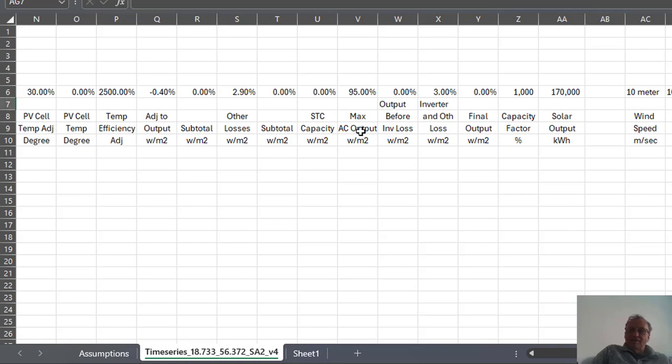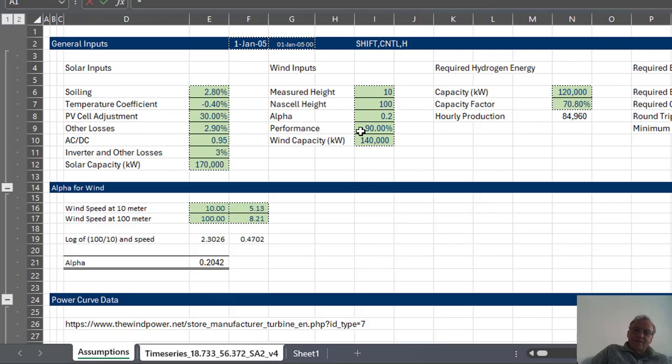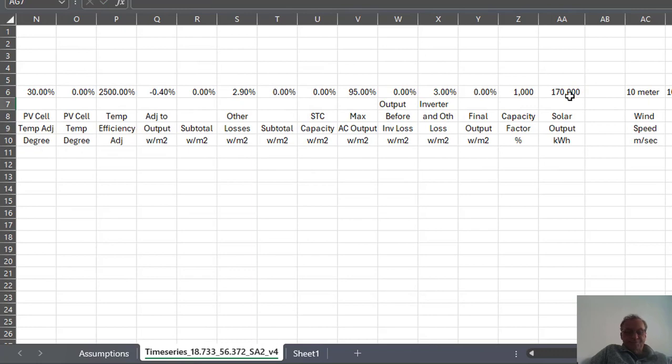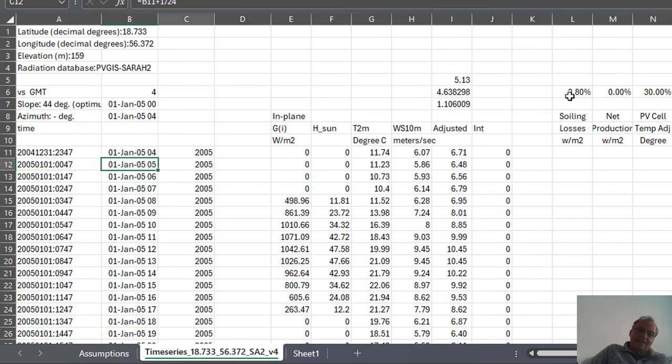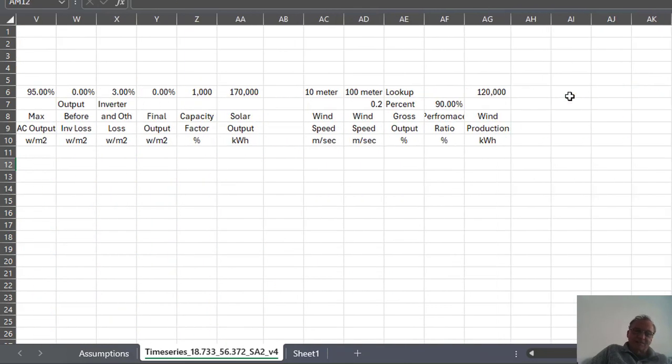So then we put our total amount of our capacity in here, and we get our wind output, okay, production. And that would be in kilowatt hours again. So we've got all of this stuff just from getting our little hourly data.